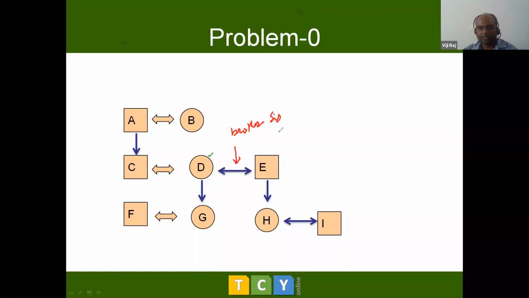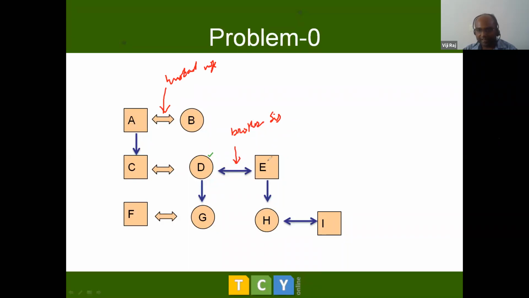And this arrow indicates a husband-wife relationship, right? So this means that D is G's mother and E is her brother.